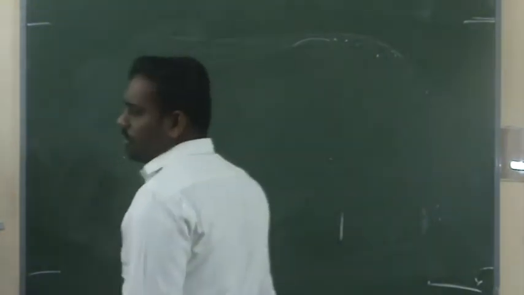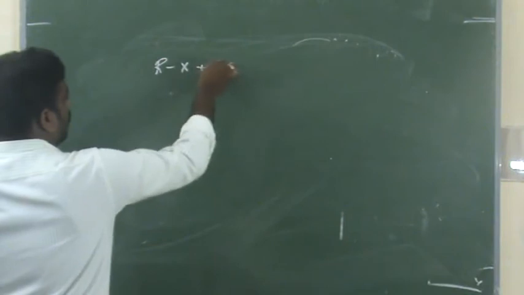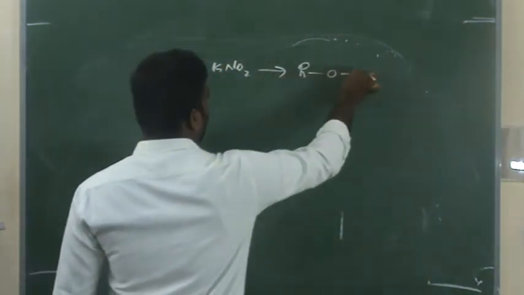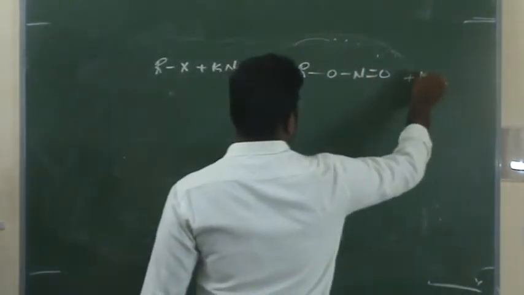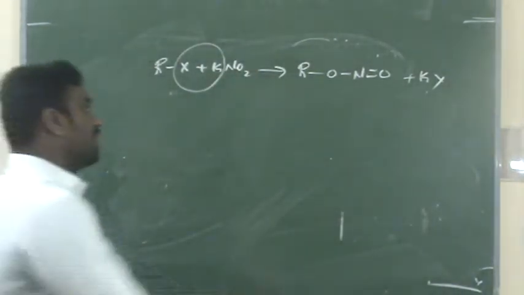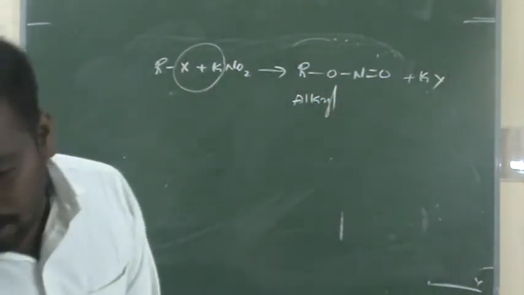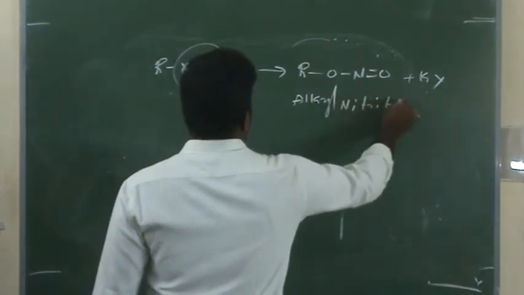And the next one is the reaction with KNO2 and AgNO2. When RX reacts with KNO2, formation of what? RONO plus KX, with the removal of KX like this. RONO is called alkyl nitrite.